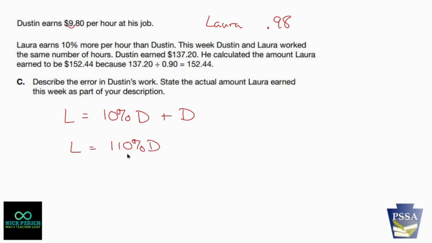So what we're supposed to do is we know what Dustin earned. Let me write out one more step. 110%, move the decimal over twice. That's 1.1 times D.